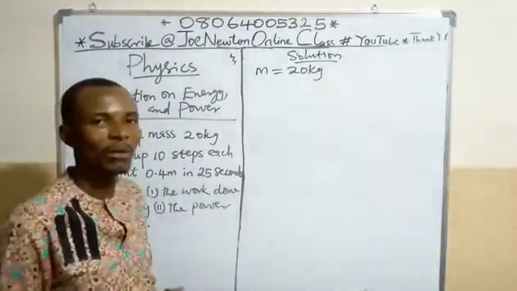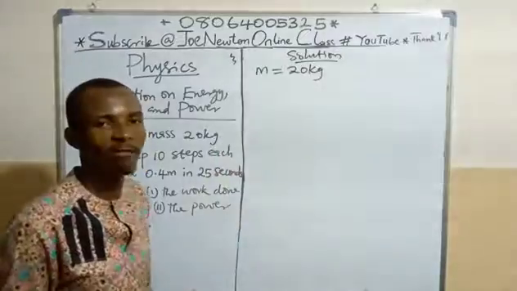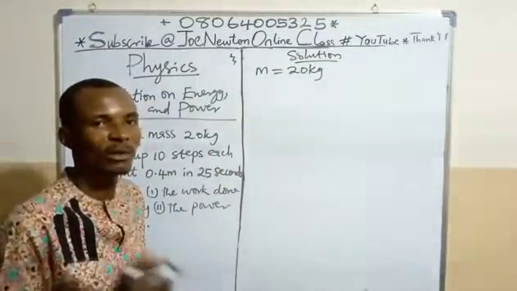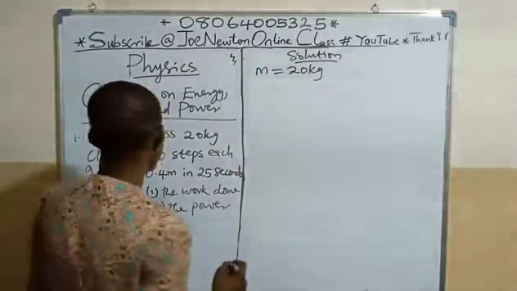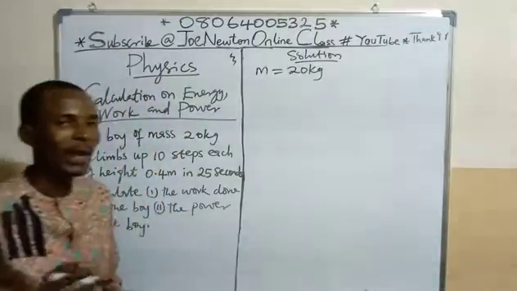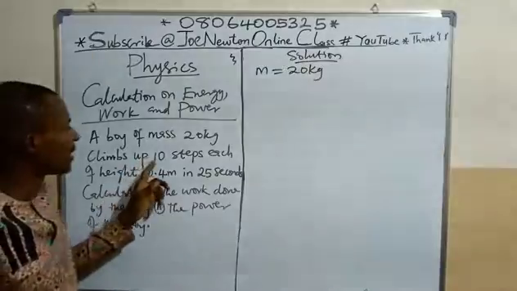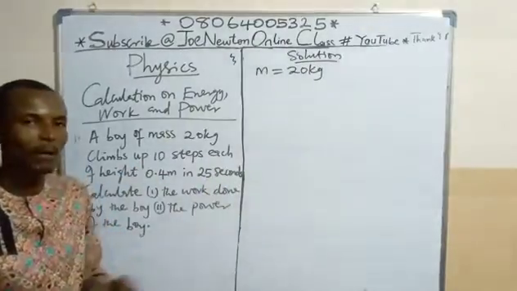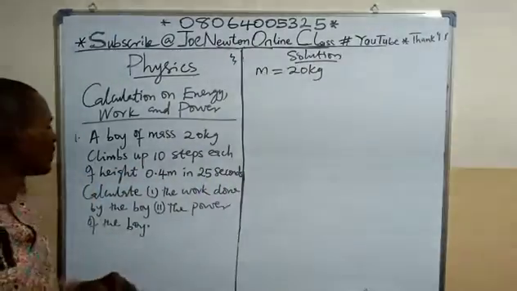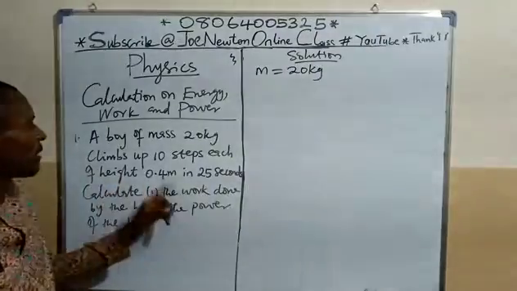But if it is in gram, you have to convert to kilogram by dividing by 1,000, because 1,000 grams make 1 kilogram. Then we are also given the height of the staircase. There are 10 steps, and each step is 0.4 meter high.